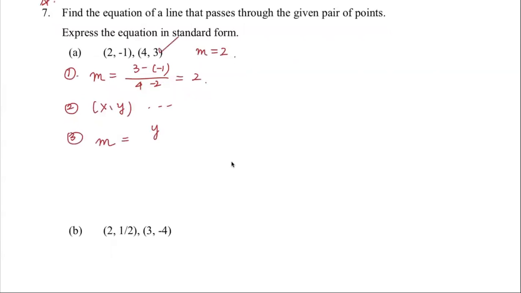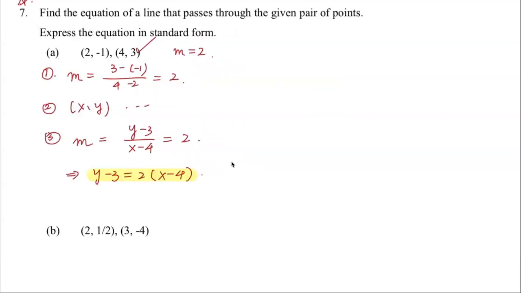Let's pick this point. Let's use 4, 3. So m is equal to y minus 3 over x minus 4. And the slope over here is found here, right? So it's equal to 2. Okay, so this gives us y minus 3 is equal to 2 times x minus 4. So this is the point slope form, right? This is the point slope form.